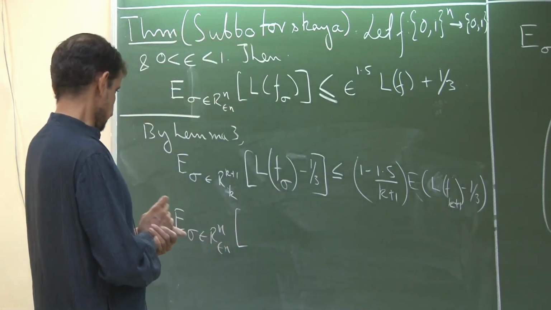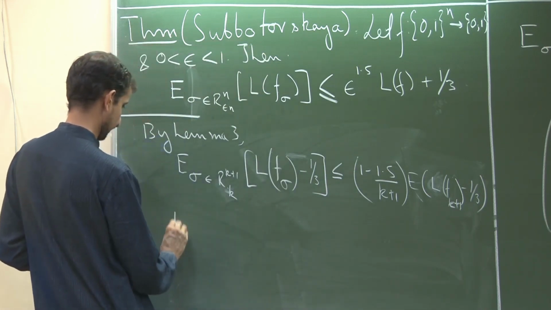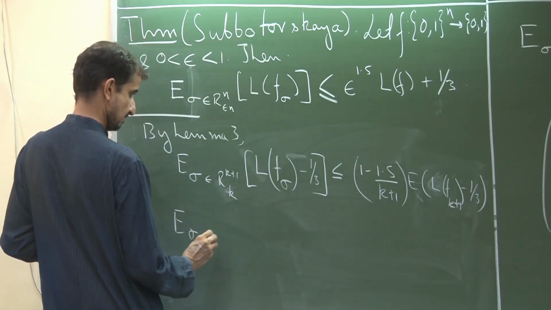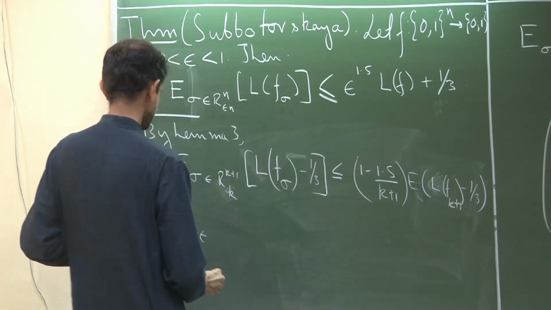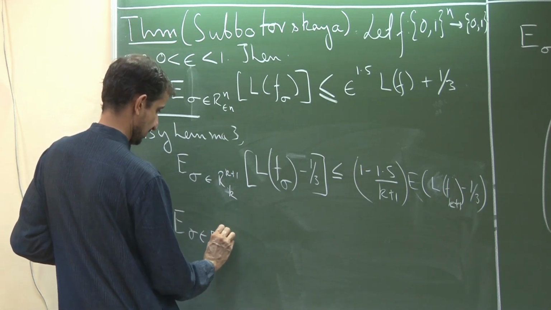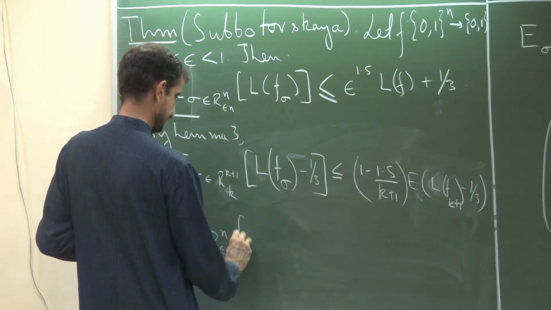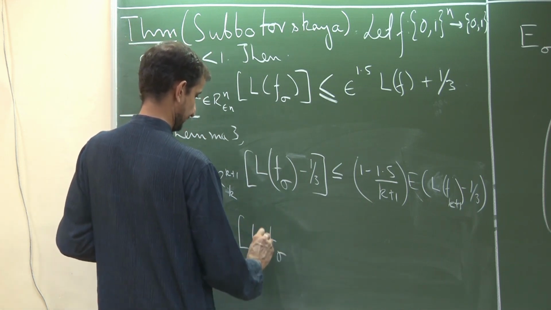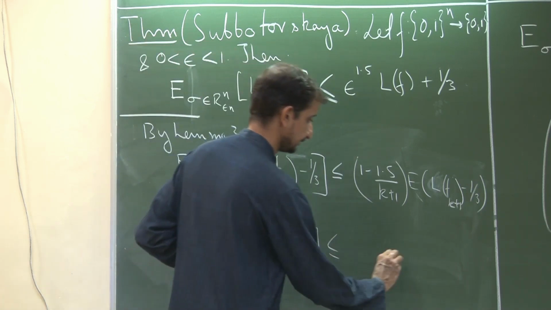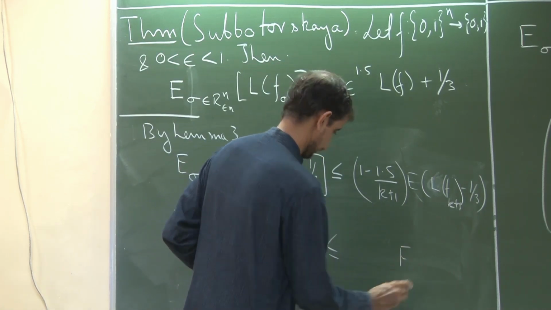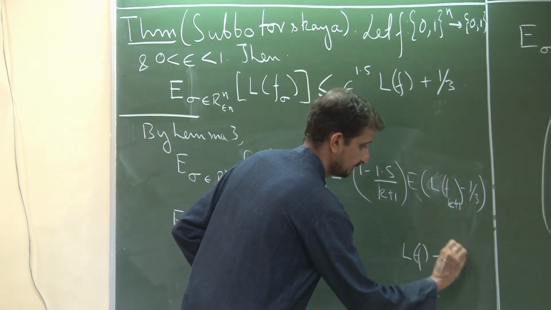So the expectation over sigma of L of f sigma minus 1/3 will be how much times the value of L of f minus 1/3.